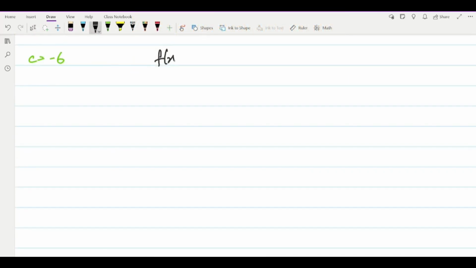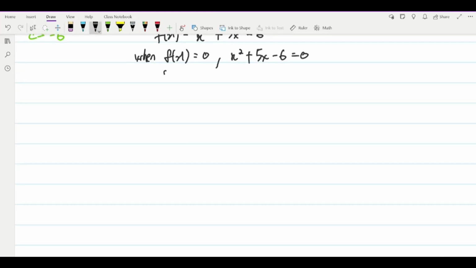So let me start to sketch the graph. Okay, have f(x) equal to x squared plus 5x minus 6. When x squared plus 5x minus 6 equal to 0, the value will be x equal to 1, x equal to -6.